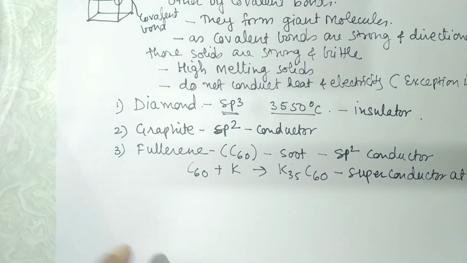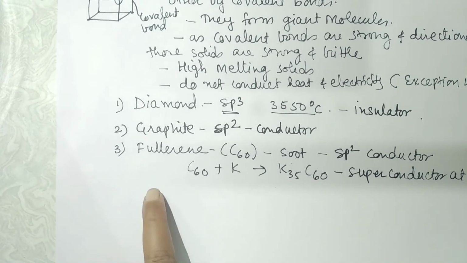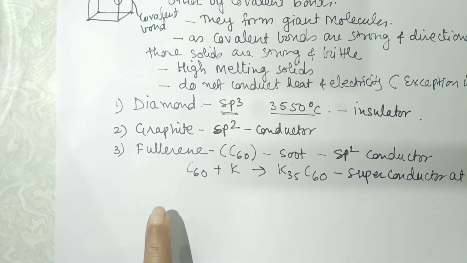It reacts with transition metals and it is used as a catalyst. Tubes made from fullerene and graphite, they are nanotubes, and these are used as high strength material, electric conductors, molecular sensors, and as semiconductors. So this is about the covalent solids.